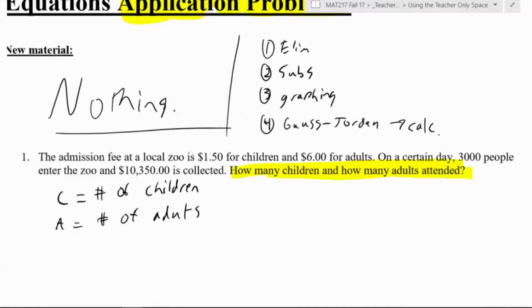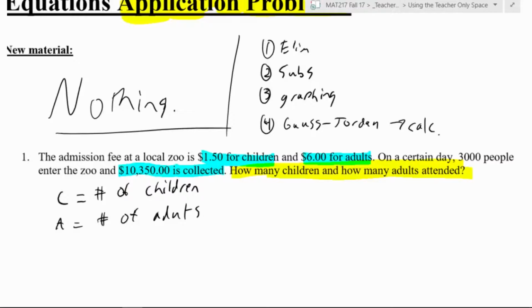So for variables C and A representing number of children and number of adults attending, what we need to do is look through the problem for things that relate those two variables. The way this problem is written, it's relatively simple to see because they're in the same sentence. The admission fee is $1.50 for children and $6 for adults. So we have a dollars relationship, and we see there's a total of $10,350 collected.